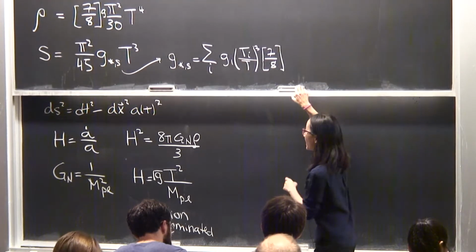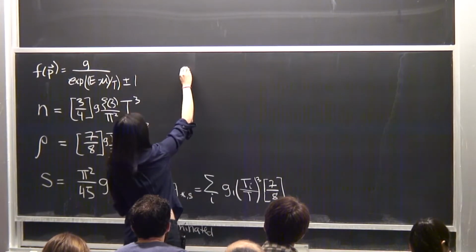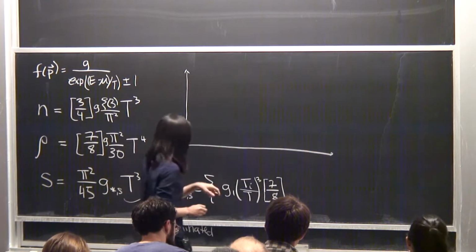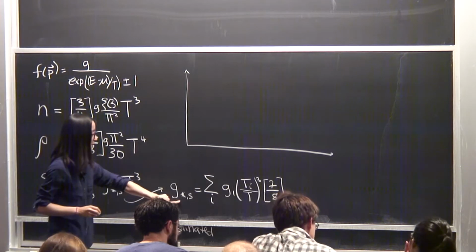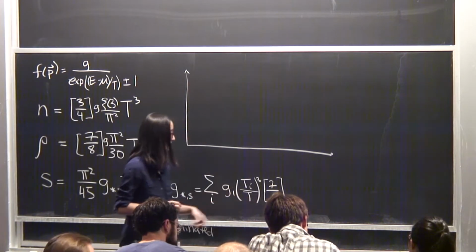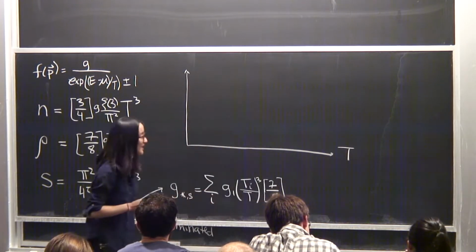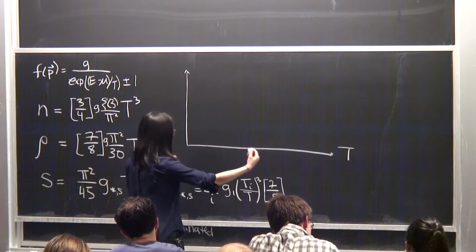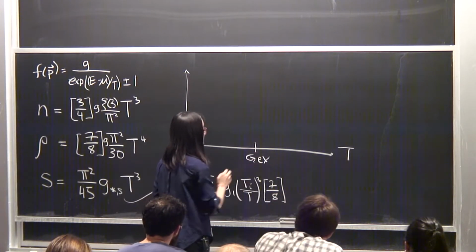I'm going to briefly cover this up and draw the evolution of this quantity, g star, the degrees of freedom weighted by the temperature. As is standard in cosmology, I'll put time running to the left, so temperature going up on the right.